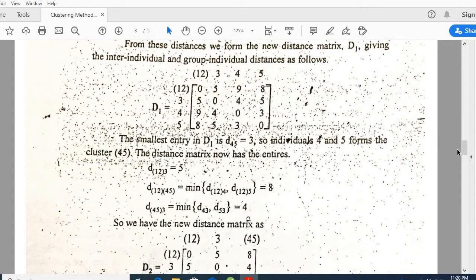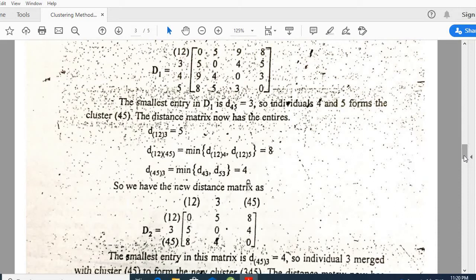We combine individuals 4 and 5 into one cluster, and in a similar pattern we make the distance matrix, that is d2, with the groups of individuals 1 2, 3, and 4 5. 1 2 is a cluster of individuals, 3 is alone, and 4 5 is another cluster.